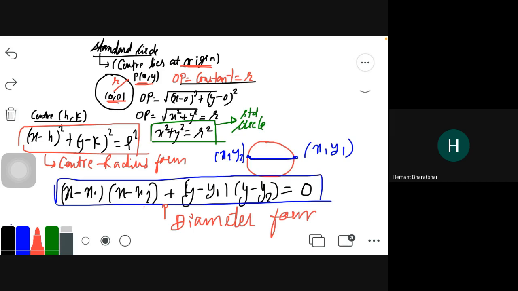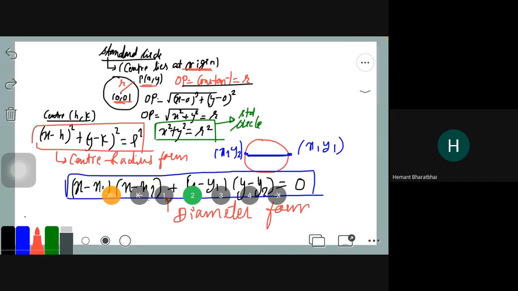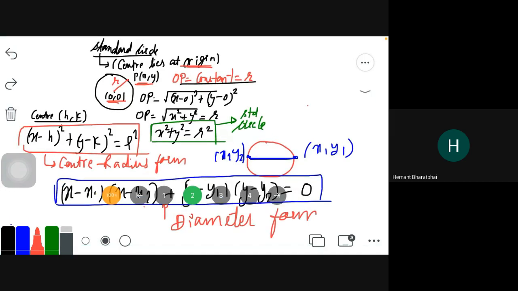So you just have to remember these three things, nothing else in the entire chapter. There are three ways in which I can write the equation of the circle: the equation of the circle in standard form, in center radius form, and in diameter form. You guys can take a screenshot of this.